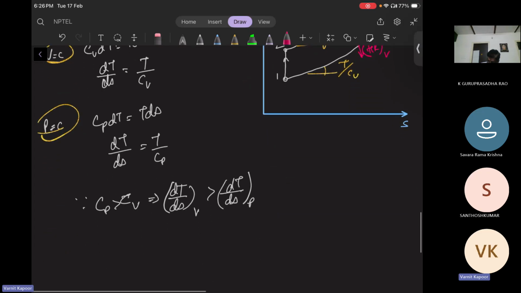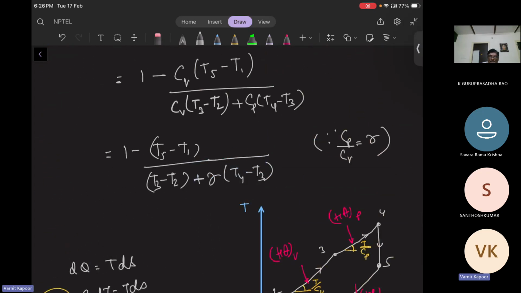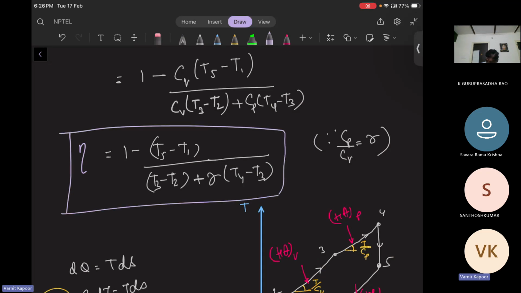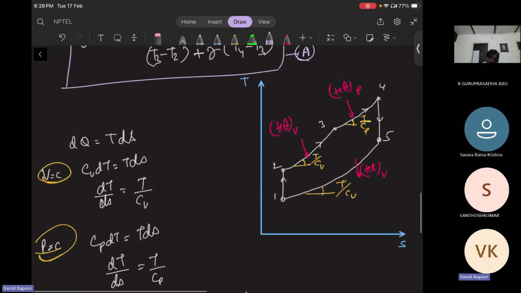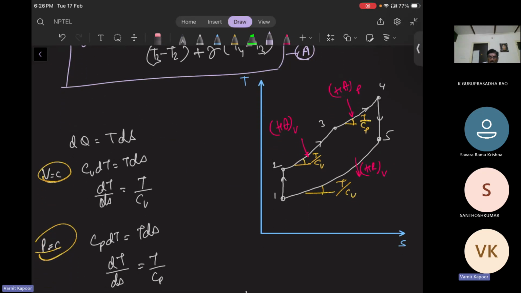Now, I was saying that we have the efficiency in terms of temperature. Now we will convert each temperature. Let us say this equation is A. We will write each temperature in terms of T1.